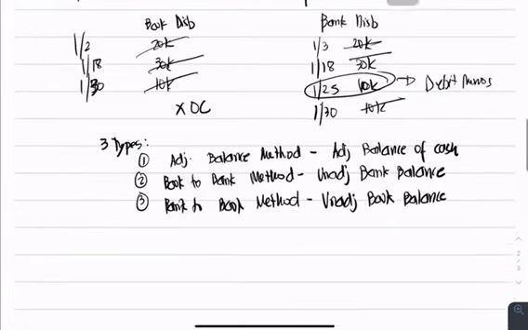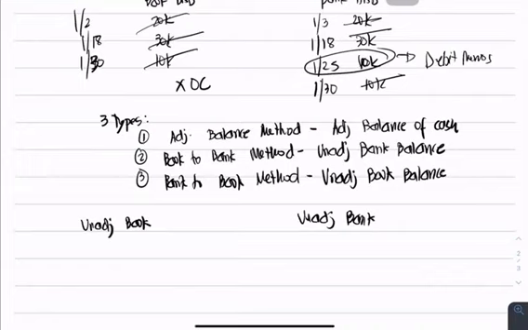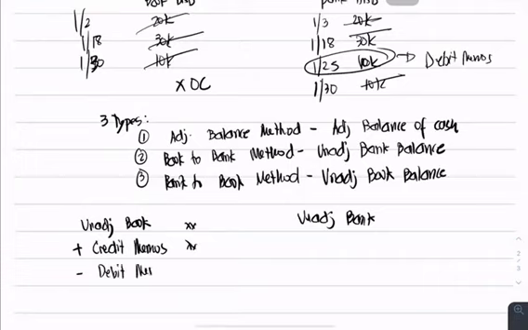So we have here your unadjusted book and unadjusted bank. So what are the book reconciling items? So plus credit memos, less debit memos. Okay, so we have your adjusted book balance.